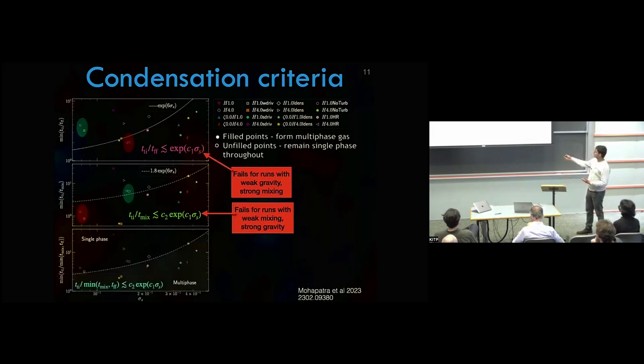So what I do is I build a joint one in which I take the minimum of T mix or T free fall. So which one is smaller? Whichever one is smaller, I take that in the denominator. And now both of these sets, which were not agreeing in the previous two plots, are all above this condensation criterion, and it has a form in which there's an exponential dependence on the amplitude of density fluctuations.